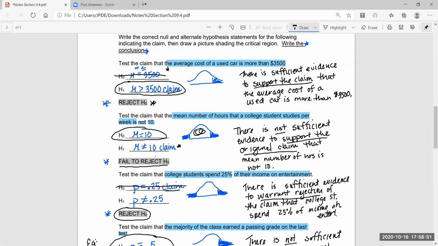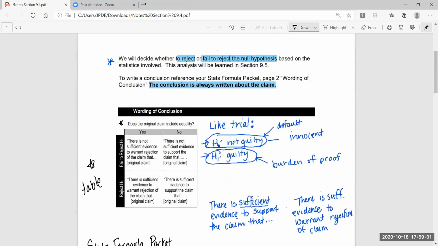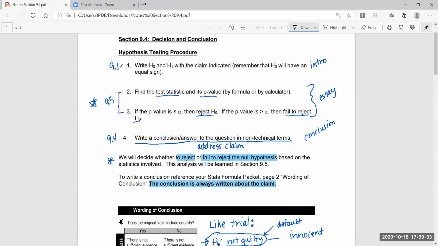And again, these reject and fail to reject, right now, I'm just giving you those. Next section, we're going to learn how to find those. So we have that to look forward to. We get to pull it all together in the next section. So in 9.5, we're going to be learning about finding the test statistic, finding the p-value, and then using that p-value to decide whether to reject or fail to reject.